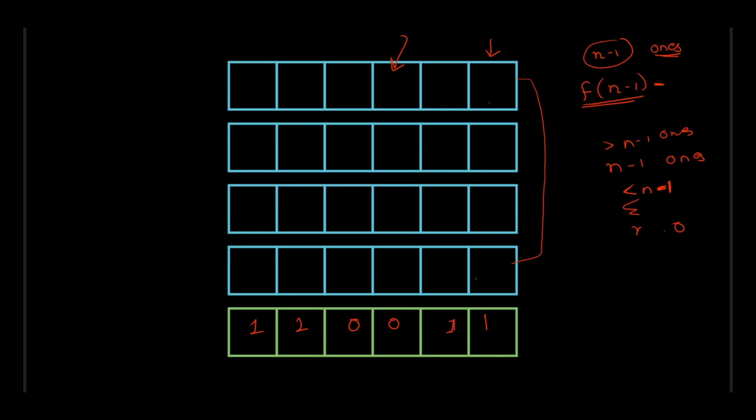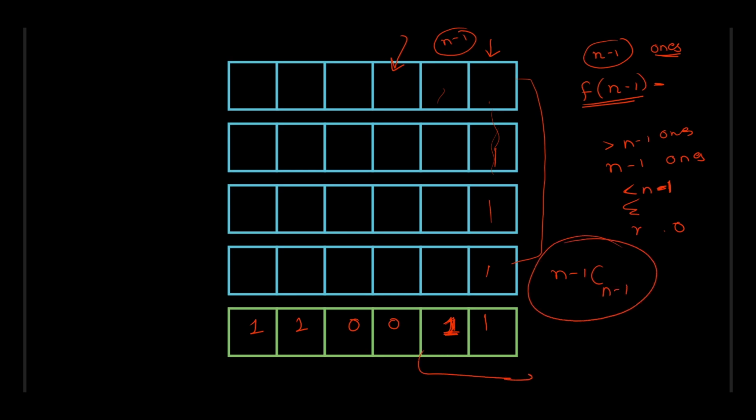No carry forwards are involved, because if there is a 1 over here after removing the contribution of all the bits that were equal to all ones, then it means that there is exactly n minus 1 set bits, and they have contributed n minus 1 c n minus 1, right? So that's why this number can now be purely expressed after removing the contribution of f of n.